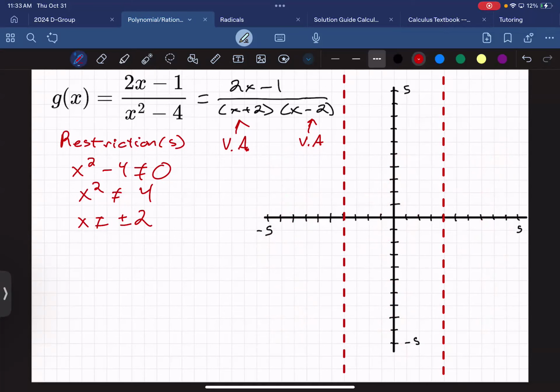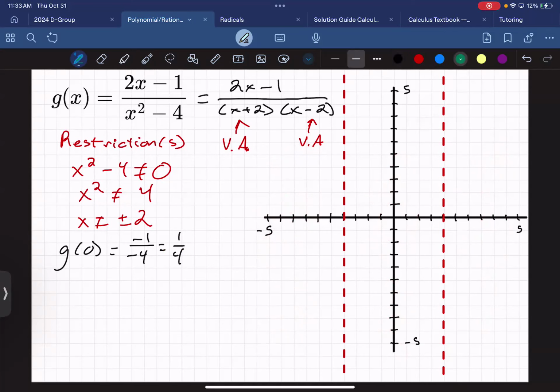So what terms do I use again if I'm trying to find the y-intercept? The constant terms, right? But make sure you see here, you have 2 of them now. You have the numerator and the denominator, which means I still have a fraction here again: 1/4.